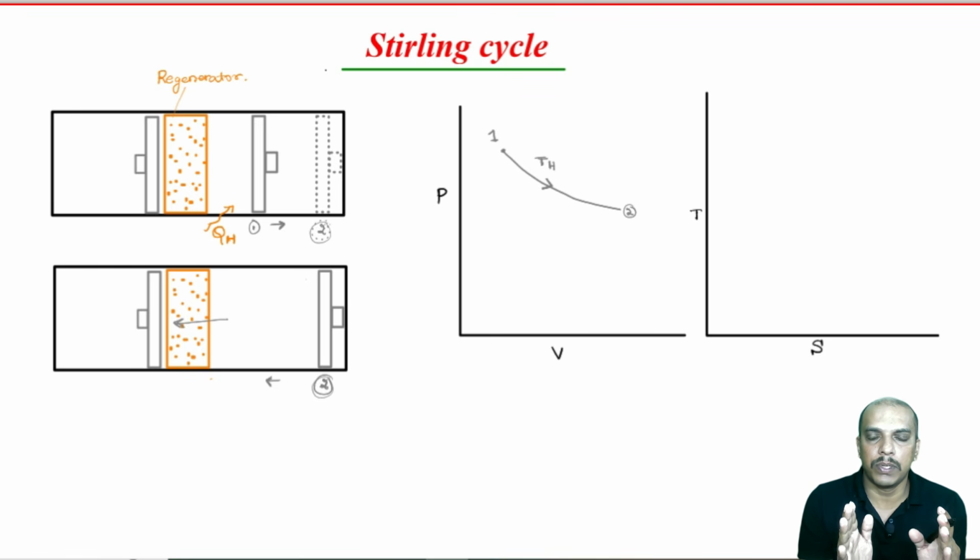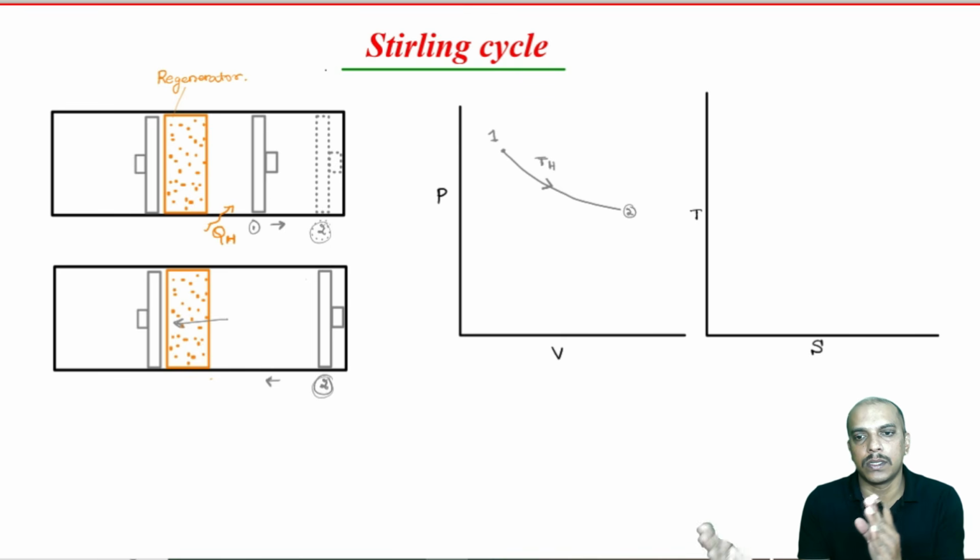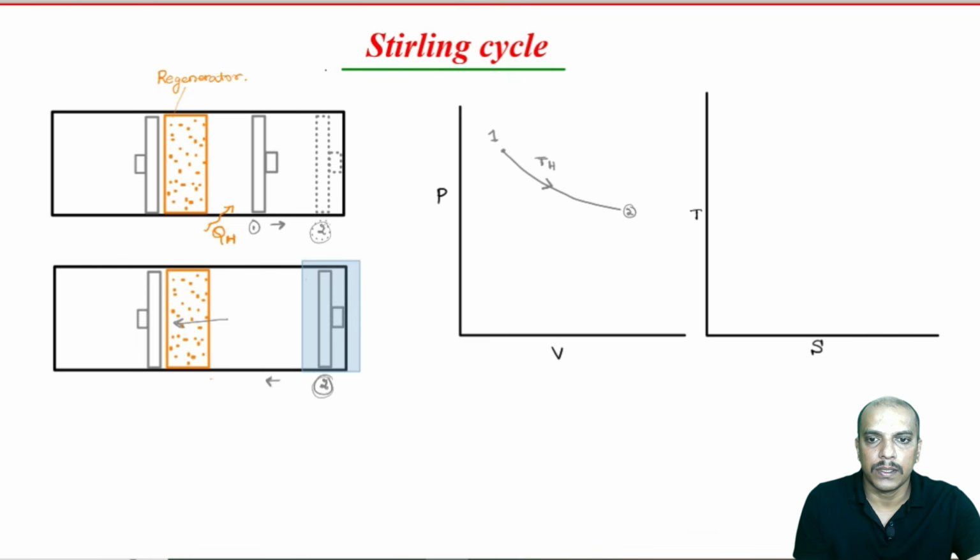So, in order to keep it that way, both pistons should maintain the same distance between them, and it should move towards left. So, I will try to represent the same in the diagram as well. Maybe we will have a dotted line to represent that.